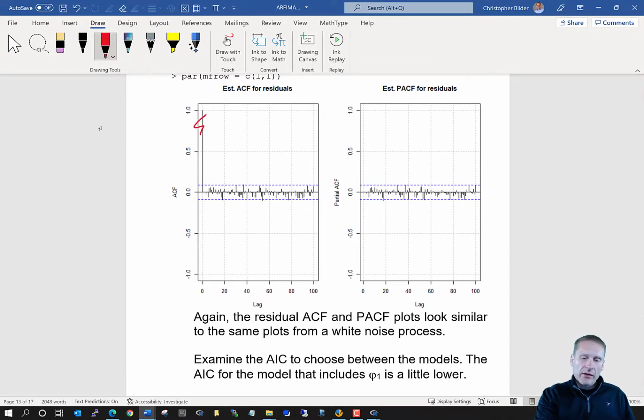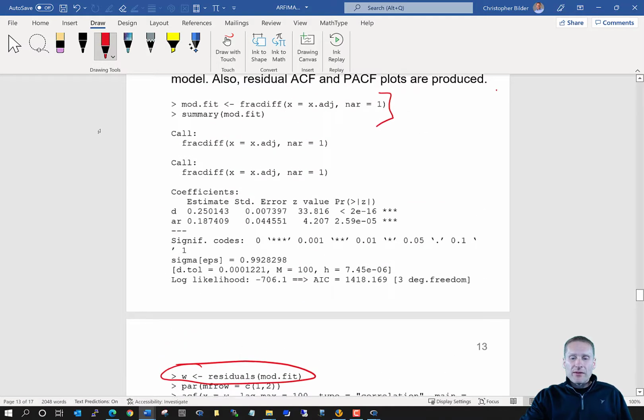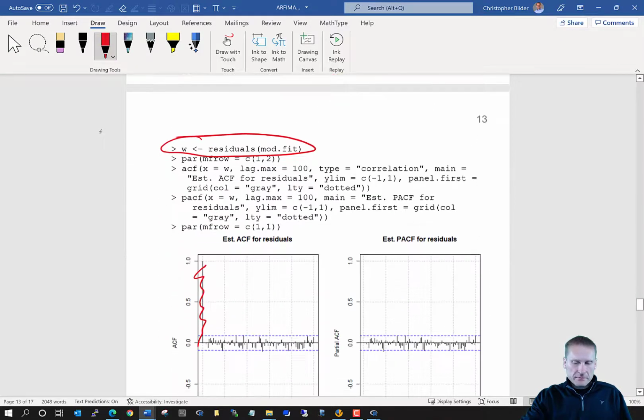And again, we don't look at lag 0 there. And again, it looks like we have something that you would expect from white noise. So it looks very similar to the plot that we had previously when we didn't even estimate the AR parameter. But if we also take a look at this right here, we can see that definitely that AR parameter is significant. So it's kind of interesting.